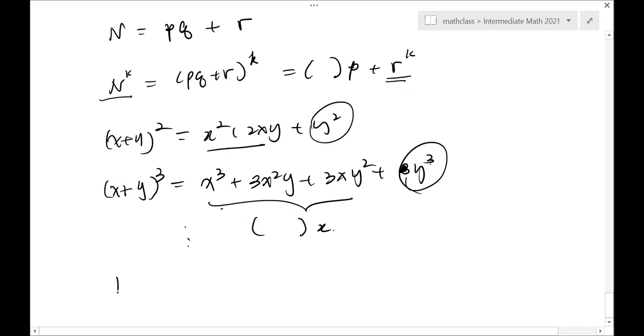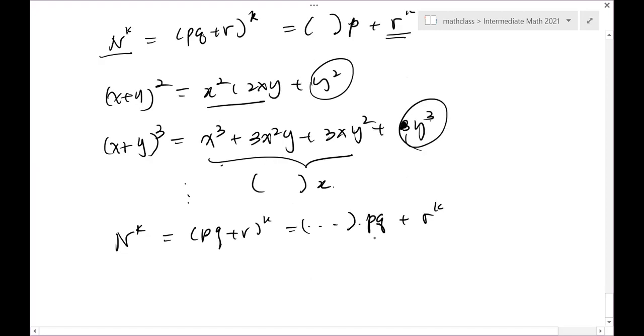So n to the k equals (pq plus r) to the k. When you multiply this out, you get something multiplied by p, plus r to the power k, and this part is divisible by p. So when you divide n to the power k, the remainder is completely determined by the last one.